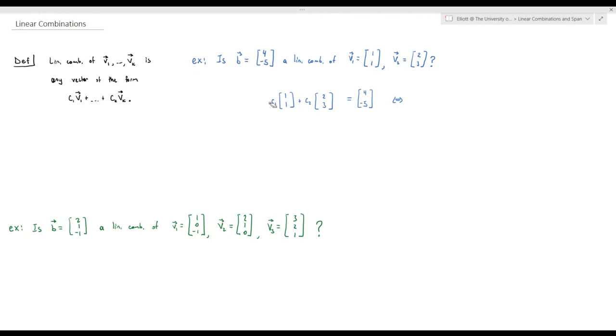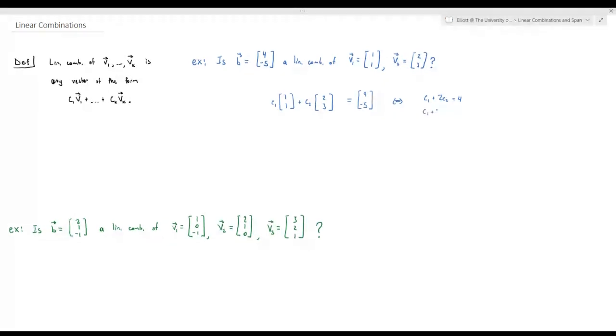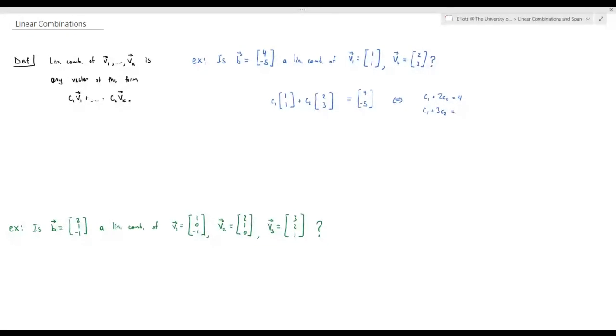Here, this vector equation, I could rewrite it. If I focus on the components, you have 1c1 plus 2c2 must be equal to 4, and then 1c1 plus 3c2 must be equal to -5. We'll try to solve for c1 and c2. How you solve for c1, c2 really doesn't matter.